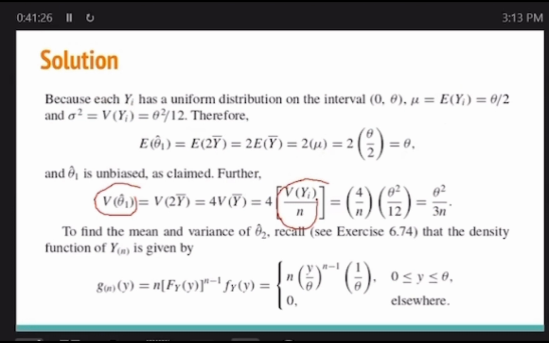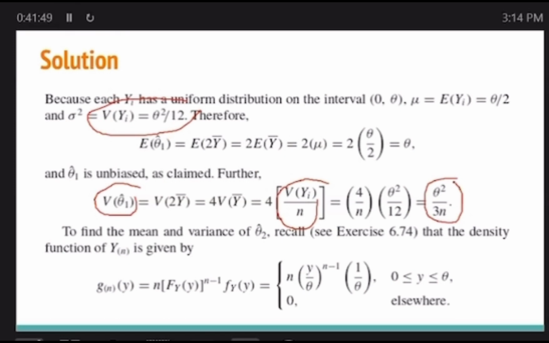That sigma squared is the variance of the random variable x or y. Now, what is the variance of y? You've already gotten that from here. The variance of y is theta squared over 12. By the time you plug that in, what is the variance of the estimator now? The variance of theta cap 1 now is theta squared over 3n.